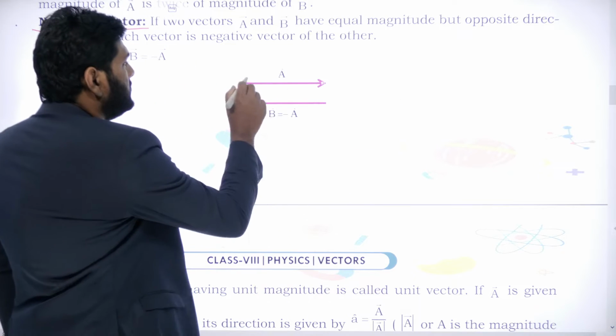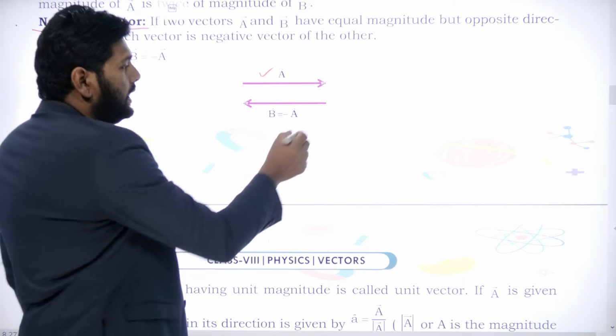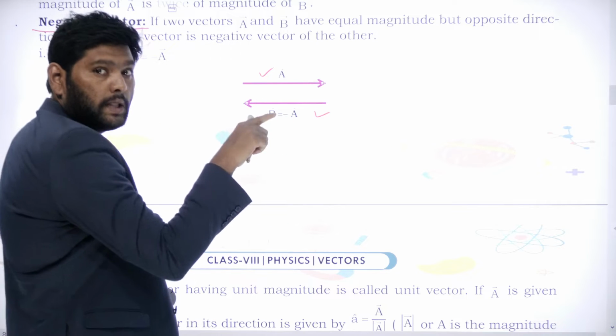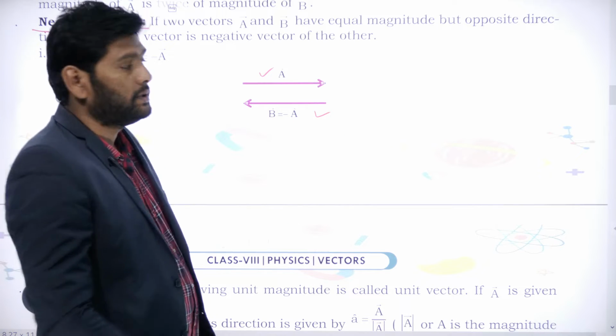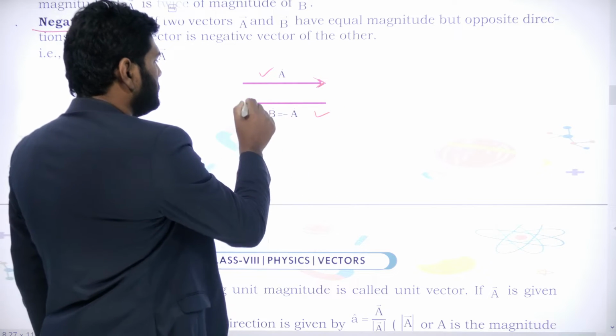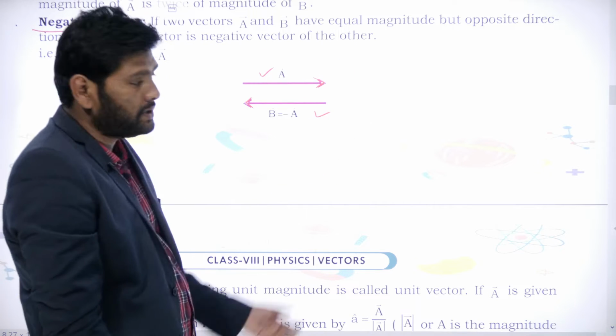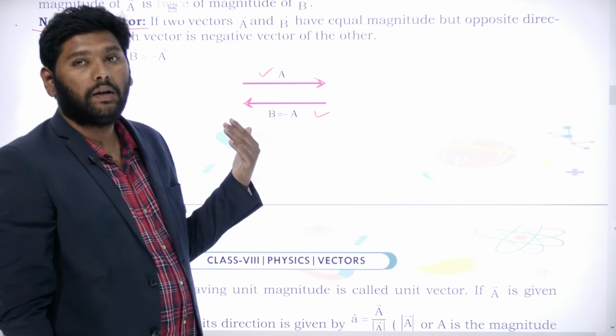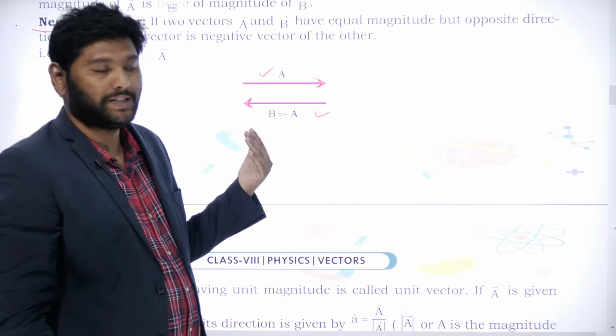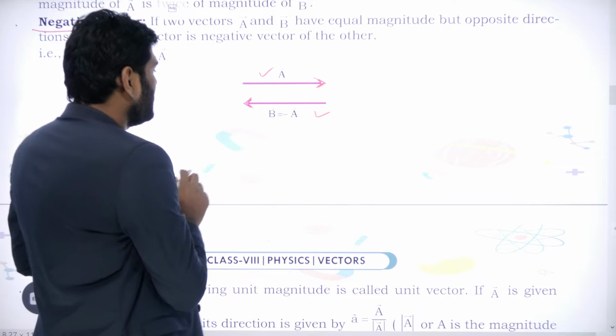Look here, this is vector A and this is vector B. Observe carefully the direction represented by the arrows. Vector A is acting in the right direction, but vector B is acting in the opposite direction, isn't it? So how can you write this mathematically?